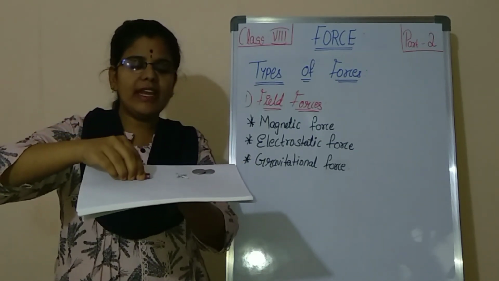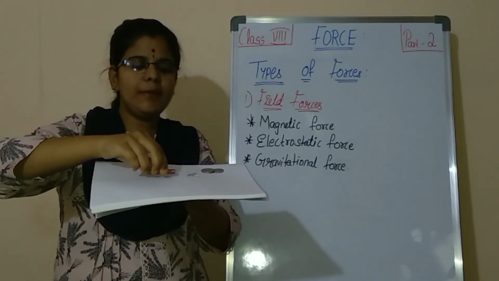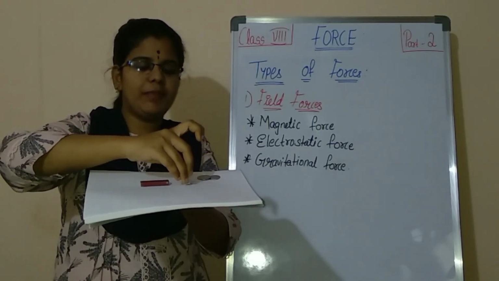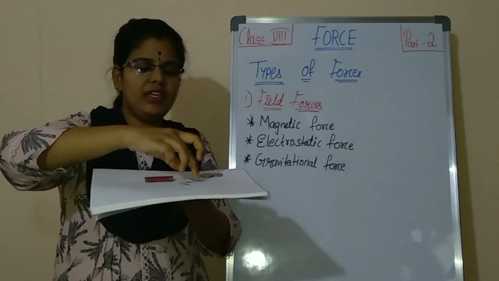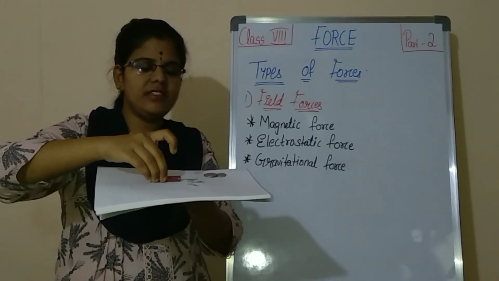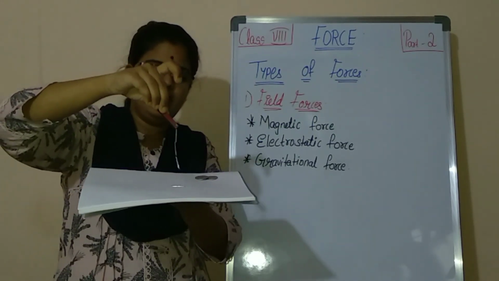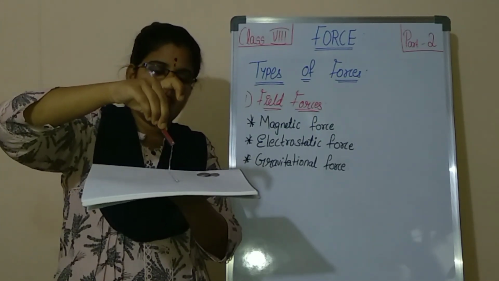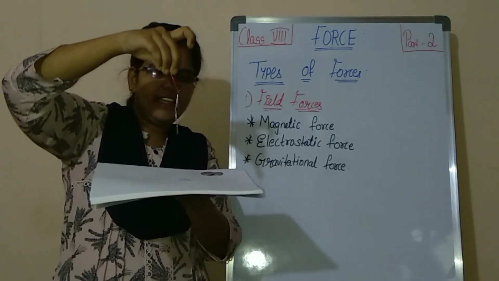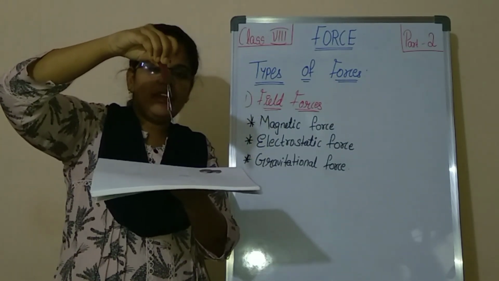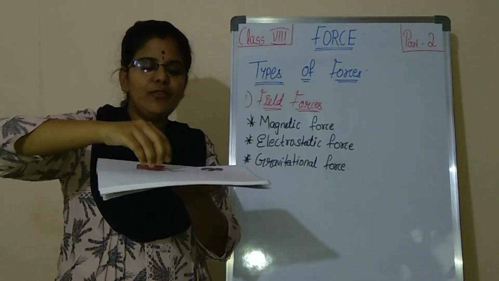You can observe that when I keep the magnet here and spread the paper clips over here, see how they are getting attached. Like that they are getting attached. This is all because of the magnetic force.